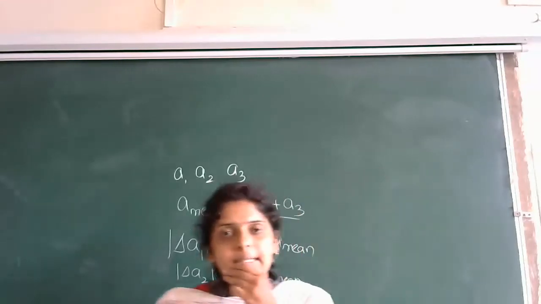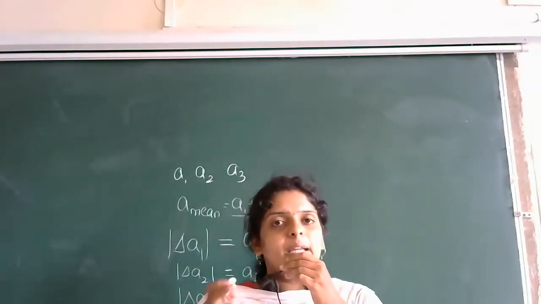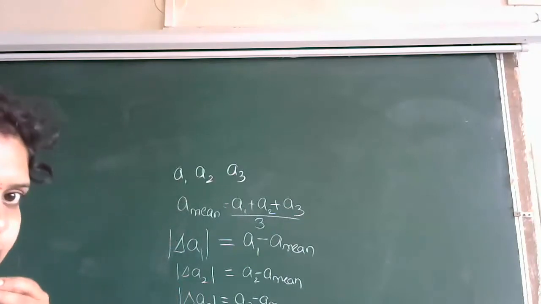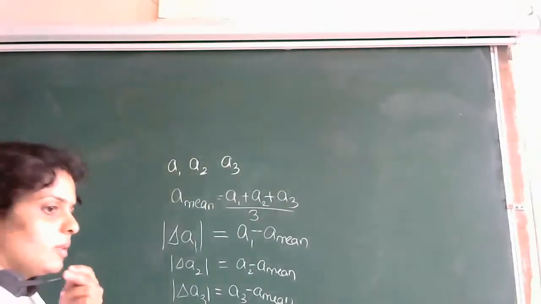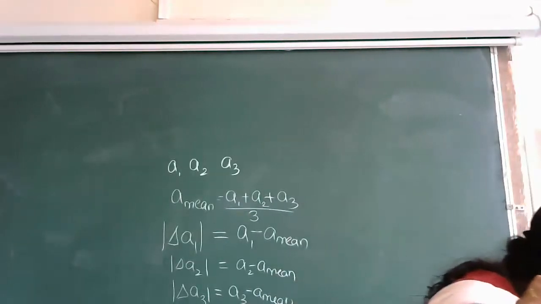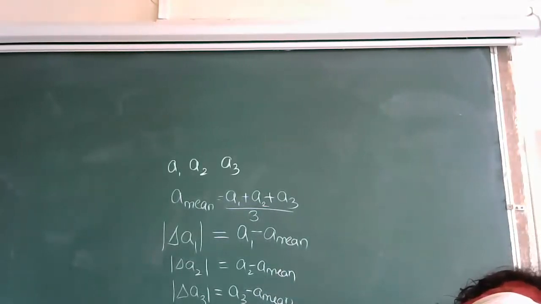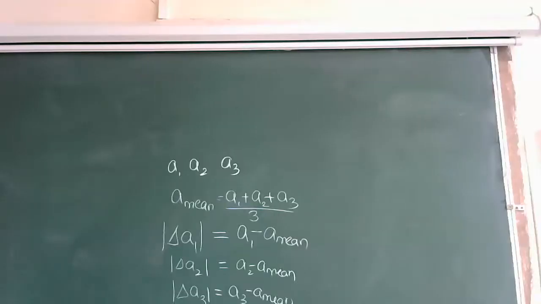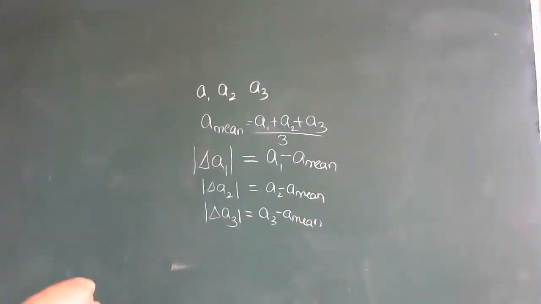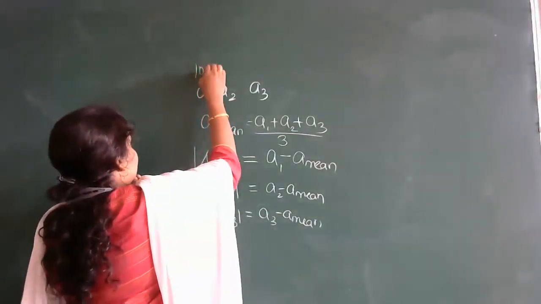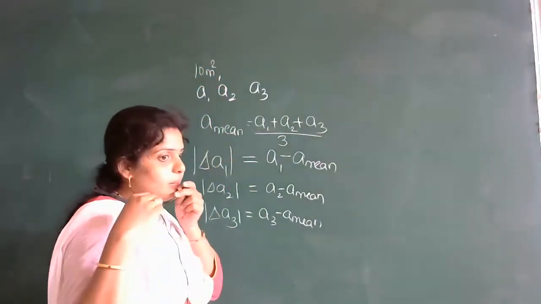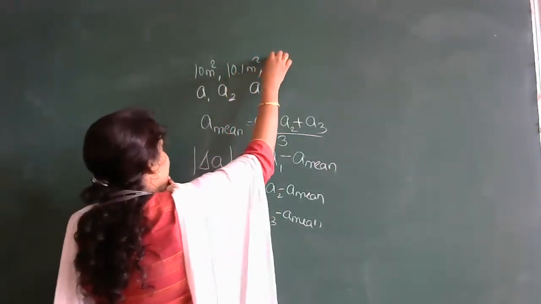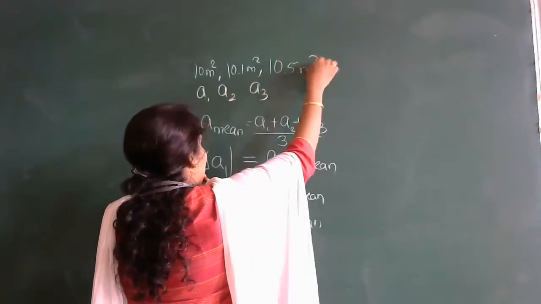Whatever the length and breadth measurement is, the first person measures and gets 10 meters square, the second reading is 10.1 meter square, and the third reading is 10.5 meters square.